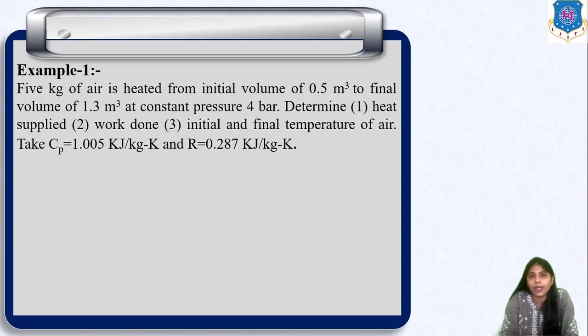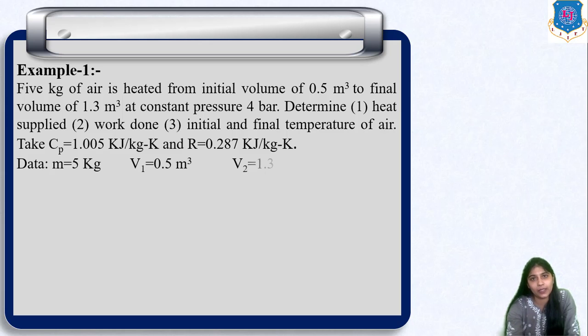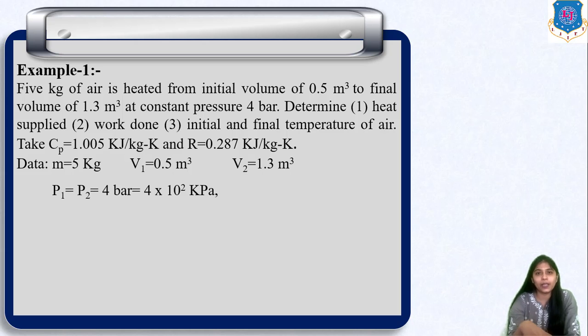So this proves that it is a constant pressure process for which we have to determine heat supplied, work done and initial and final temperatures of air. So we also have specific heat at constant pressure given and the value of R is also given. So this is the data.